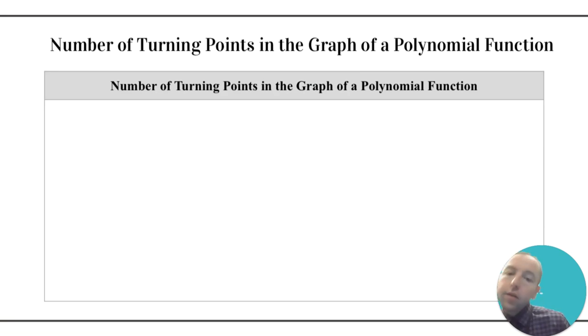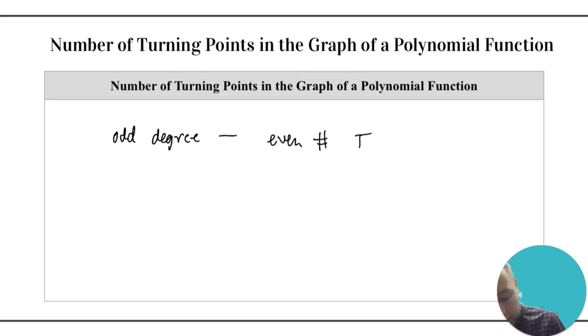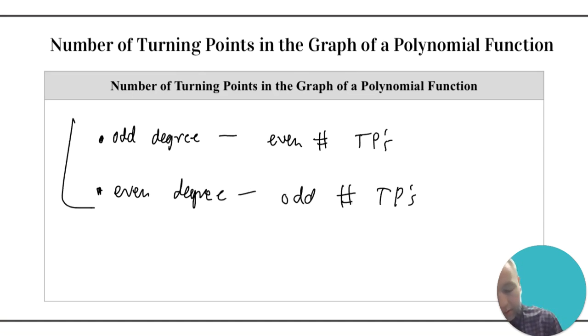So just in regards to the number of turning points, right, if you have an odd degree polynomial, then it's going to have an even number of turning points. And then if you have an even degree polynomial, then we know that it's going to have an odd number of turning points, right? So that's always going to be true.